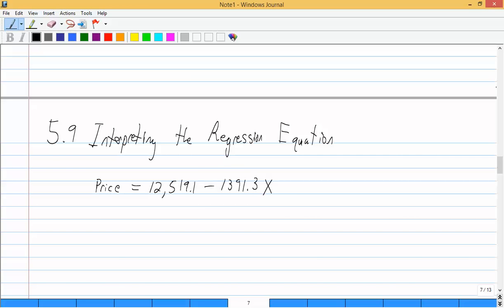But that's if you can actually let the age of the car equal 0, meaning it's a brand new car, and that means that this would be the price. That would help us predict the price. So once you have a regression equation, you can use that equation to help you predict values.